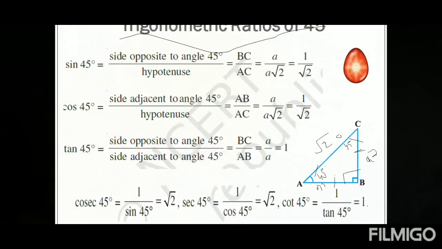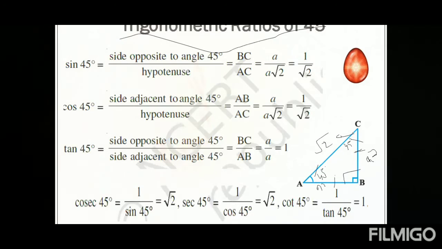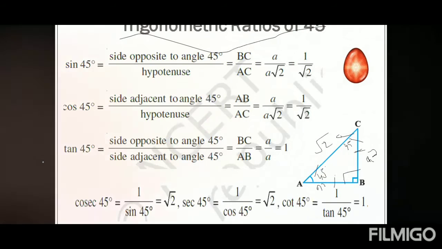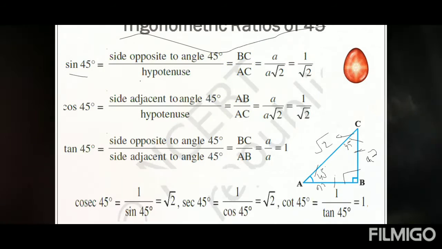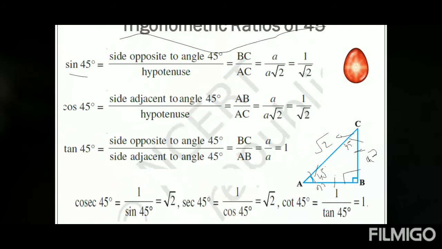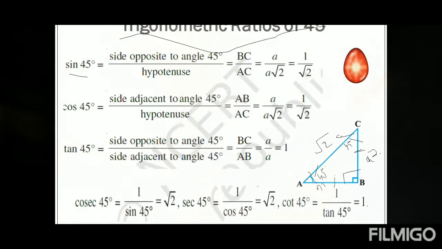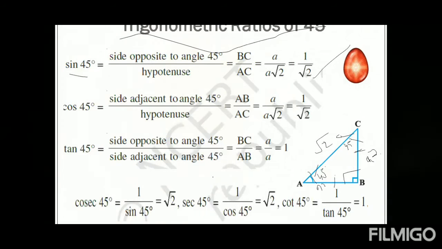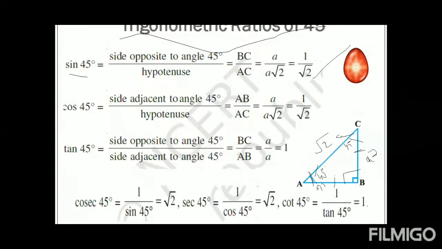We have found that AC equals root 2 a, and using the definitions of trigonometric ratios, we have sine 45. Sine is opposite by hypotenuse. So for angle A, sine A is BC by AC, right? BC is a and AC is root 2 a. So it's 1 by root 2. Cos 45, cos is adjacent by hypotenuse, AB by AC.